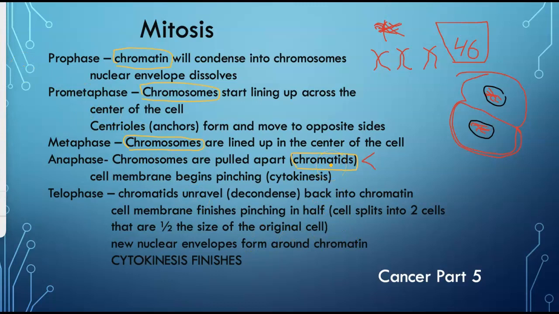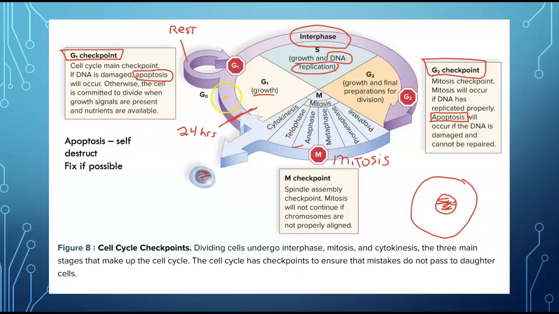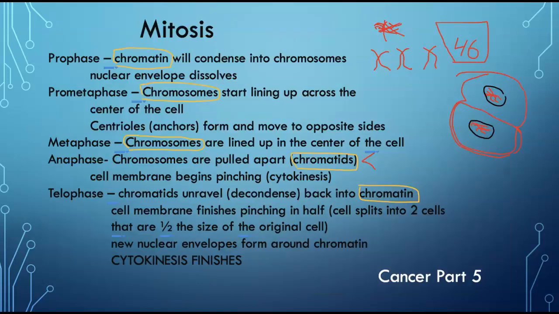So again, remember, chromatids turn back into chromatin. Both cells sitting side by side, and then they would say, okay, there's one, there's two. Let's both go into interphase and start G1, S, G2, and we'll do it again. 24 hours later, there will be four of us. This is the normal cell cycle, what all of our cells should be doing if everything is going correctly.